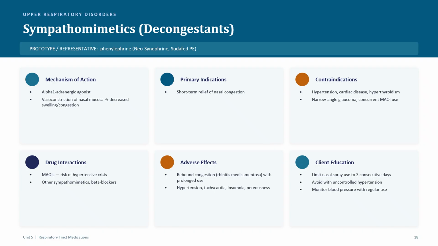And because this drug constricts blood vessels everywhere, not just in the nose, it can raise blood pressure and heart rate systemically too. So it is a real concern in patients who have hypertension or cardiac disease. It's not a nasal only medication, the way it might feel for a patient who is reaching for it just casually.